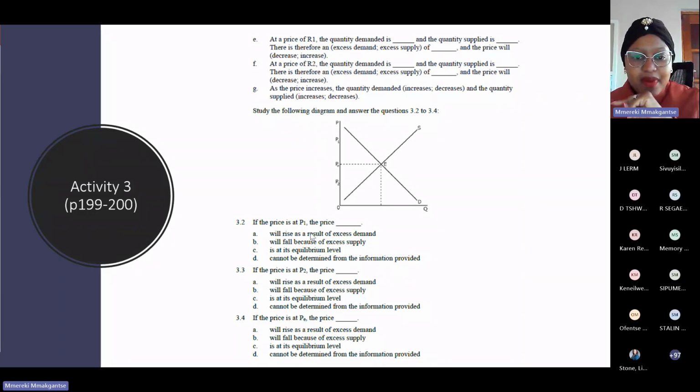Will the price rise as a result of excess demand, or will the price fall because of excess supply, or is it an equilibrium, or cannot be determined? Which one is it? A, B, C, D. If the price is at P1, it is above the equilibrium price. Give me your answer, students.